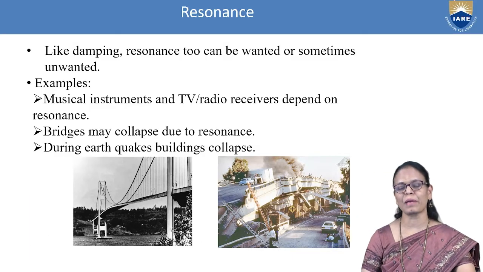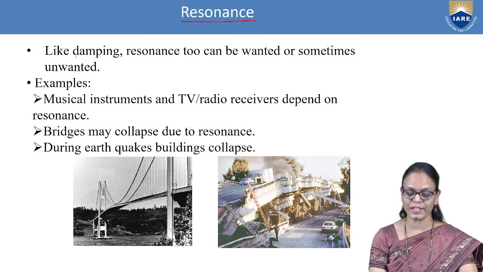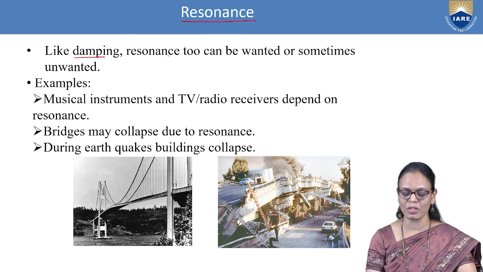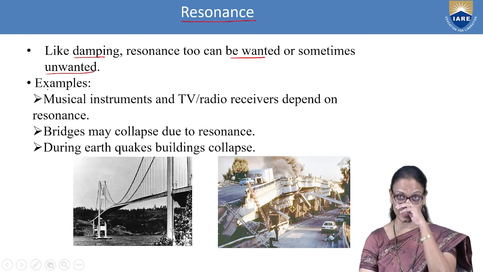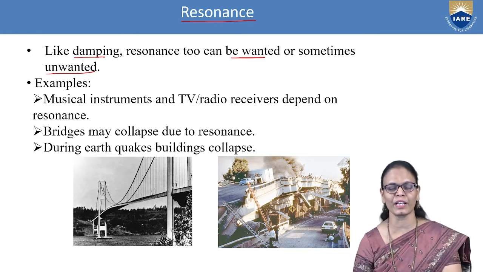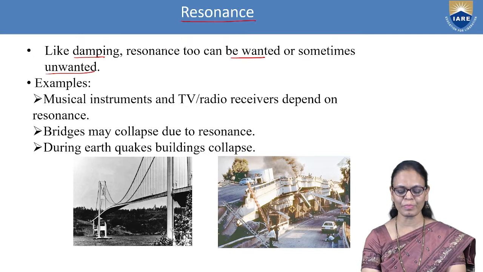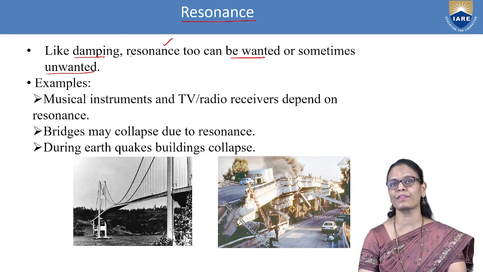So let us see some examples of resonance. Like damping, resonance can also be wanted and sometimes unwanted. In some cases we need damping and in some cases we don't. The same way, in some cases we need resonance and in some cases we need to avoid resonance.